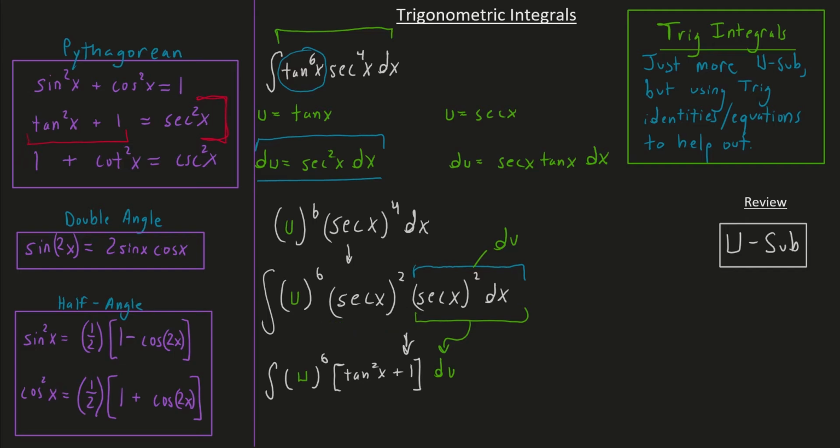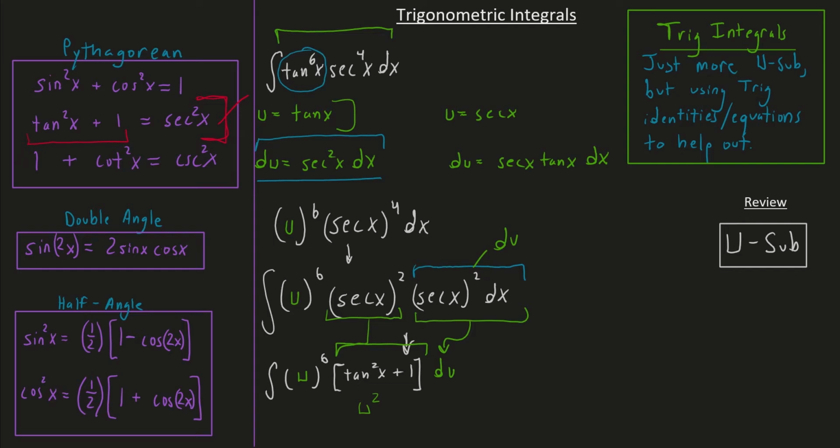Okay, so I just took that secant squared of x and turned that into tangent squared of x plus 1 using that identity here. Well, this is great because this is just tangent x squared. This can just turn into u squared right here, because u is equal to tangent of x.